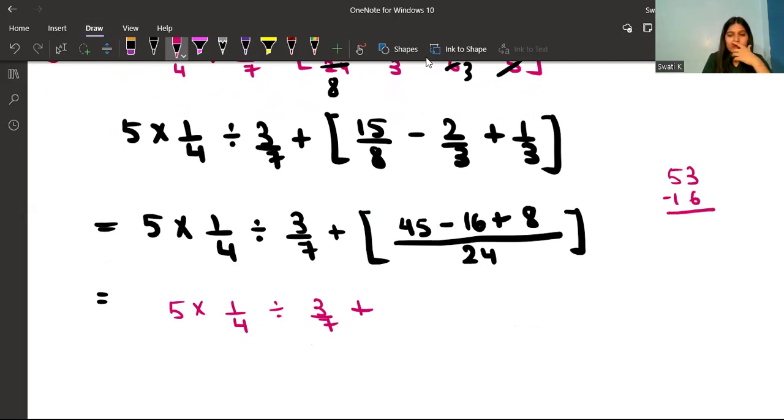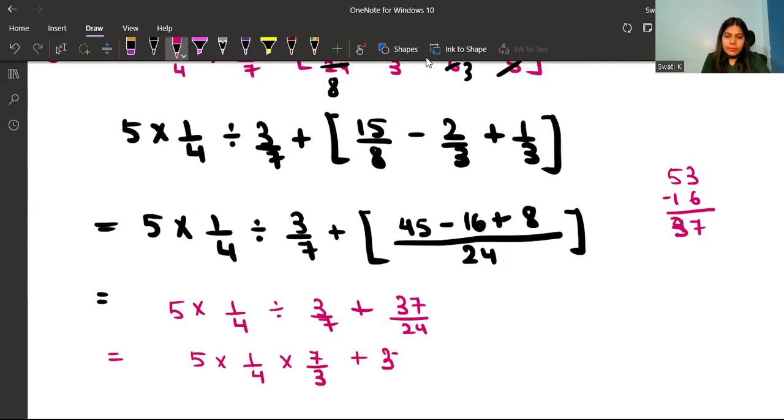So this is going to be 37. Yes, it is 37. So it is coming 37 upon 24, right? Now, after this, I have solved that part, the bracket part. Now I have to solve the division first, right? Because now BODMAS rule will be followed. So 1 by 4, and then this will become times 7 by 3.